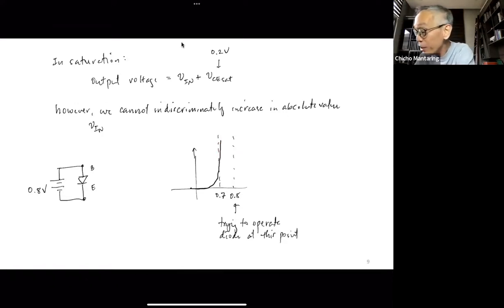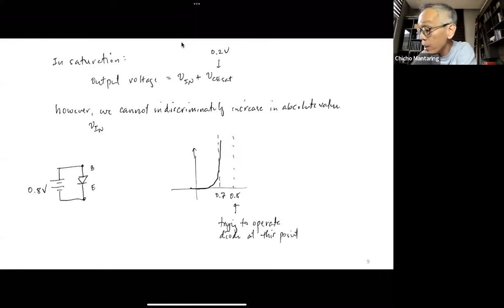You're trying to force this characteristic curve to go up so high. Kasi bago yung voltage umabot sa 0.8, ang taas-taas na nitong characteristic curve, your current will be already going toward infinity. That's what's going to happen. In other words, you're going to destroy this diode. That's what will happen if you try to operate your diode way beyond the forward voltage of the diode. And that's what's going to happen also in the transistor.